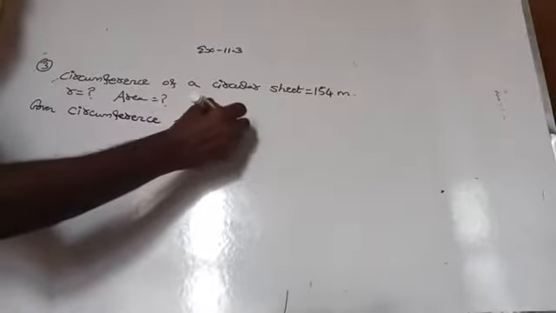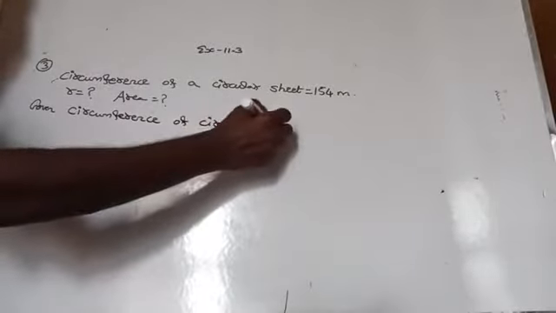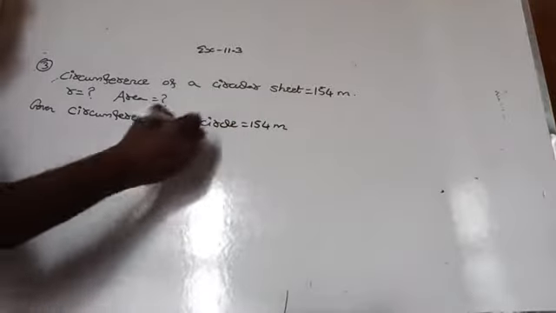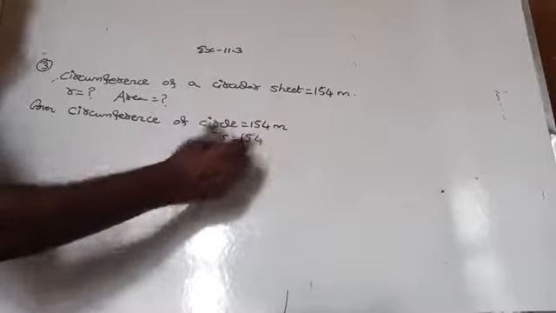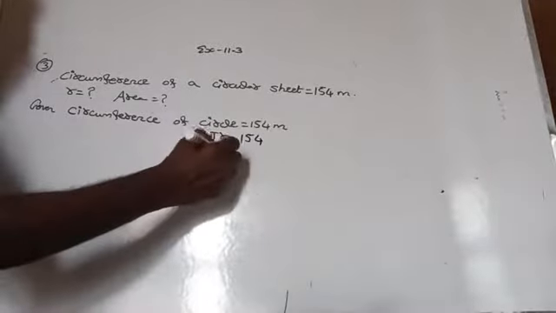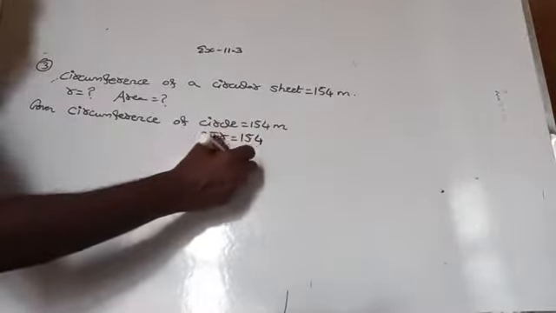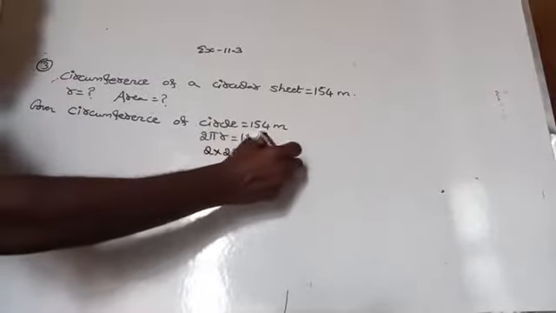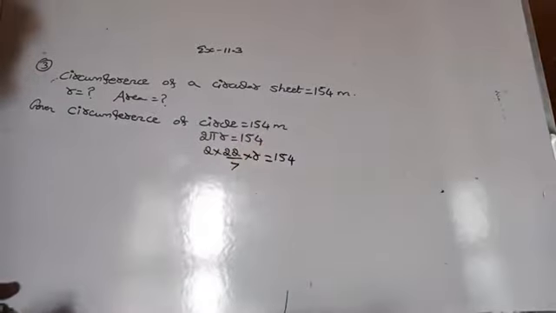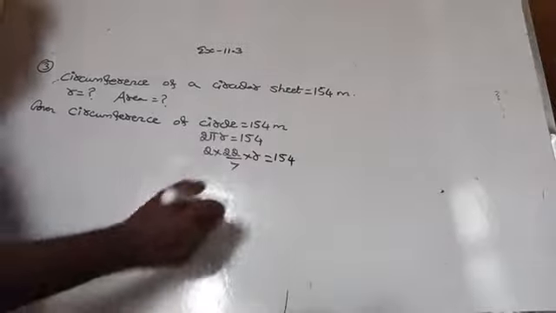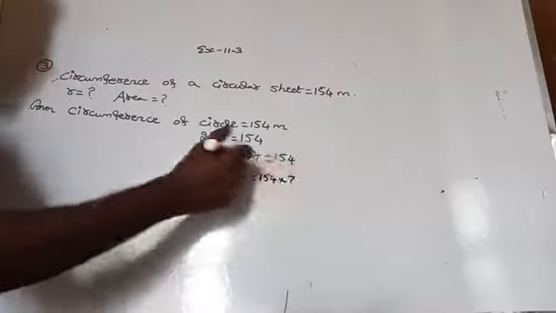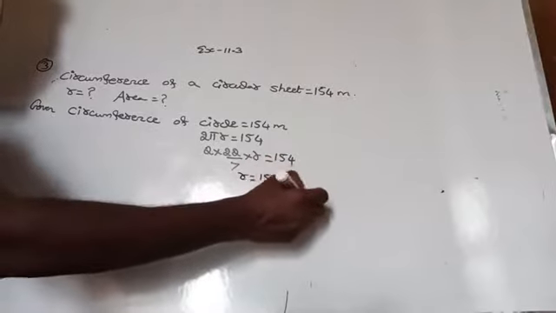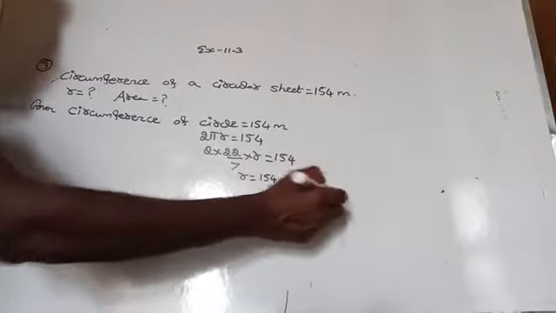equal to 154. That means 2 pi r equal to 154. Circumference of circle is 2 pi r. Now 2 into the value of pi, 22 by 7 into radius r, which is equal to 154. Here we are trying to find the radius r. Therefore r equal to 154 into 7 by 22 into 1 by 2.